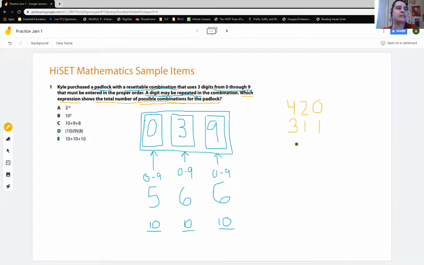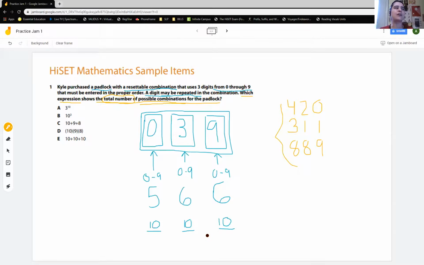We could have 8, 8, 9, right? So there are really very many possible combinations for this padlock. How do we figure out the total number? Is it 5? Is it 10? Is it 100, 1,000, a million? What is the total number of these different possible combinations?